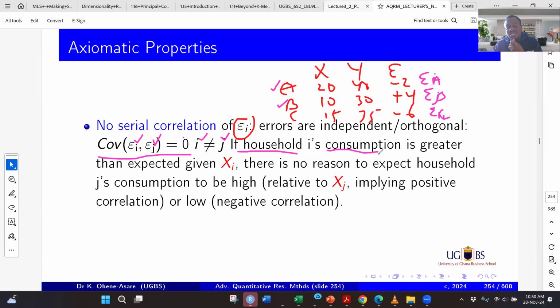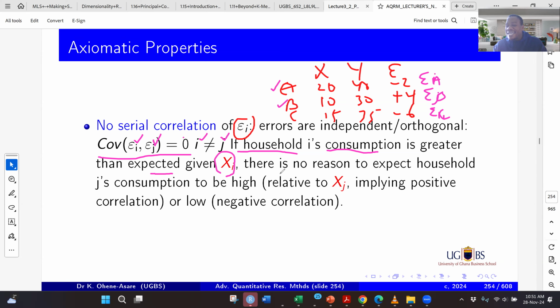Let's say that a household in East Legon is consuming 1,000 cedis a day. And this household's 1,000 cedis is greater than the expected. So maybe they are expected to consume 800, but they are consuming 1,000, given their income level.